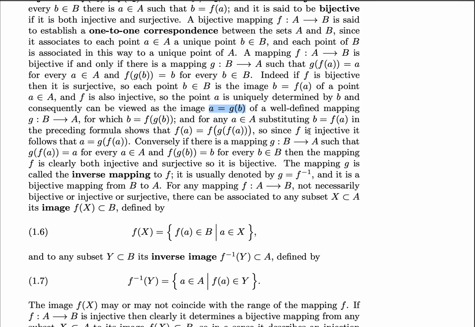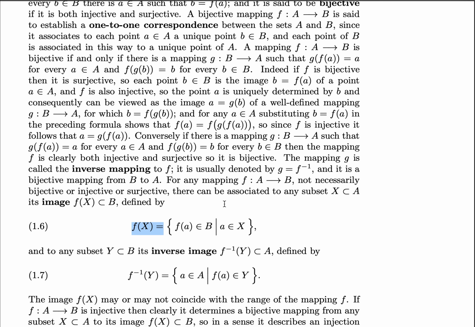In general, though, for any mapping, there can be associated to any subset X of the domain A its image, f(X), which is a subset of B, defined as the set of all f(a) within the codomain B, such that a is an element of X. So for any element a within X, you consider its image under f, and the set of all of those images is the set f(X).